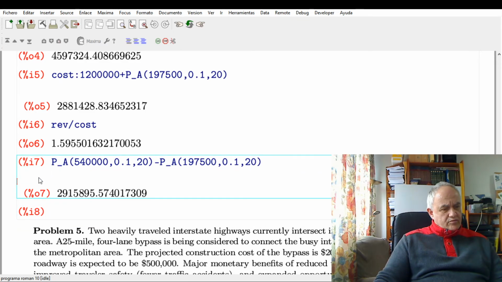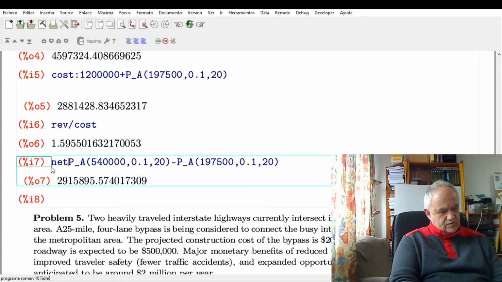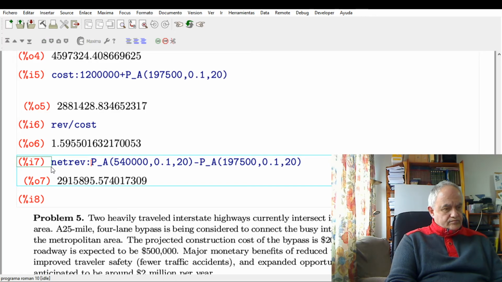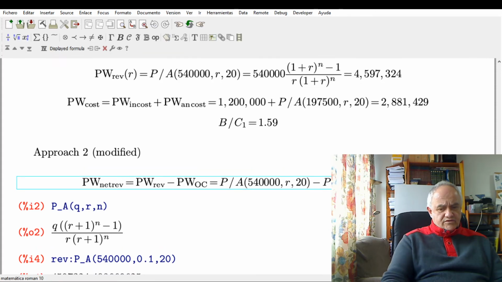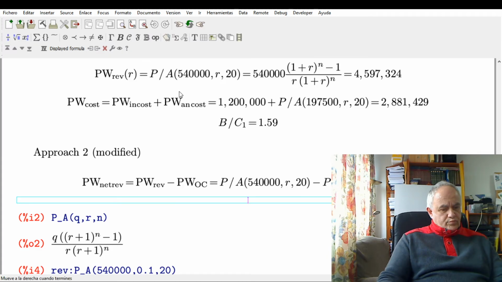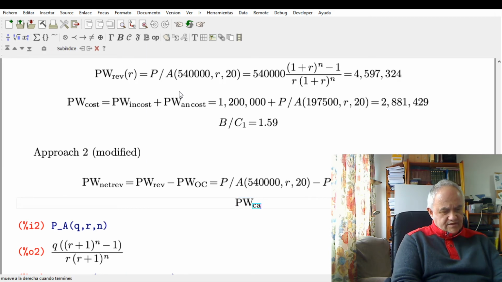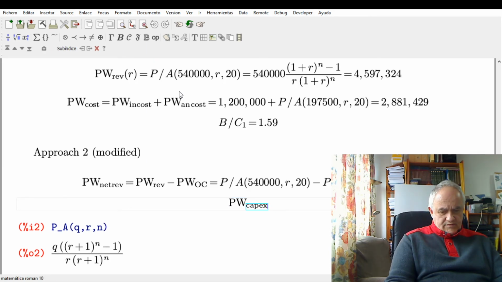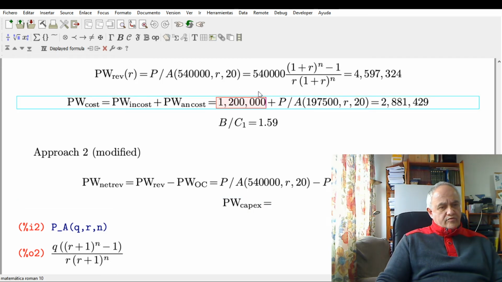This will be called net rev. Okay, and then the present worth of the cost is already known because it's present worth of investment cost, capex, will be equal directly to 1,000.